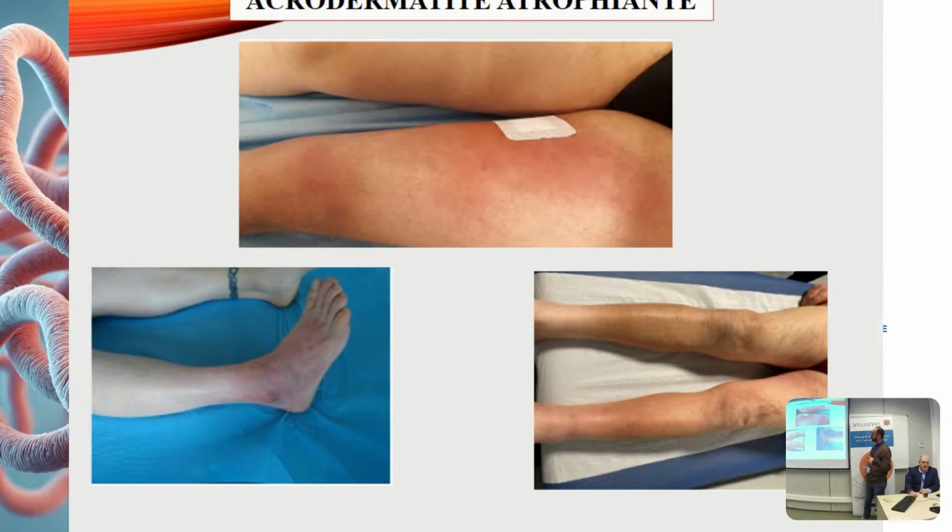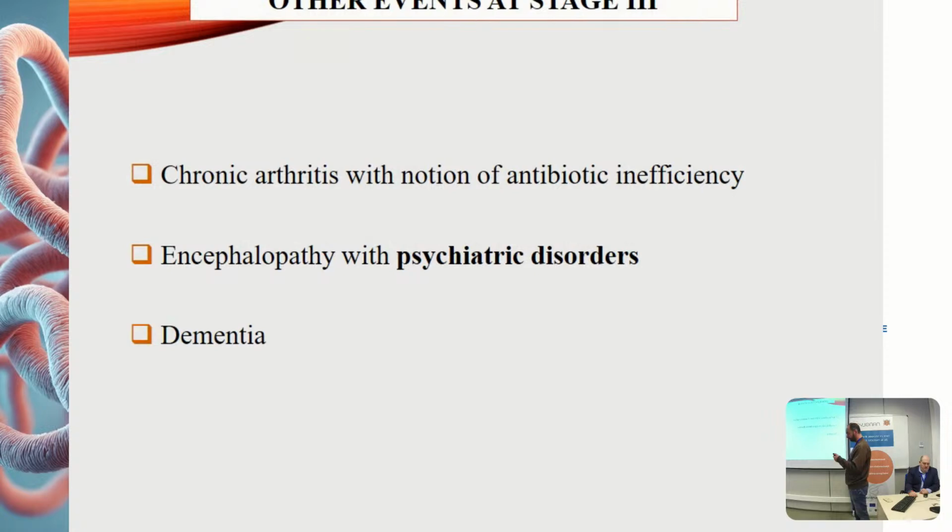There is atrophy we don't see very well in these pictures, but it is the aspect of this cutaneous lesion. And in the late disseminated stage, we can have chronic arthritis, as in your pictures, and neurologic symptoms, chronic neurologic symptoms, and also dementia.